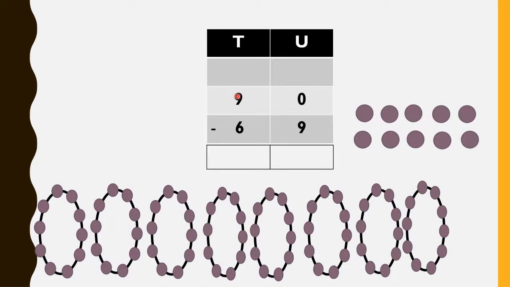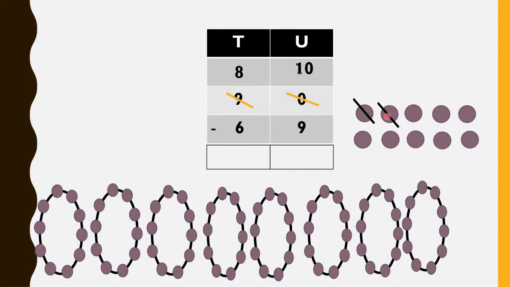So now there are 10 single beats, that is 10 units. And there are 8 strings left. So let us subtract 9 from 10.